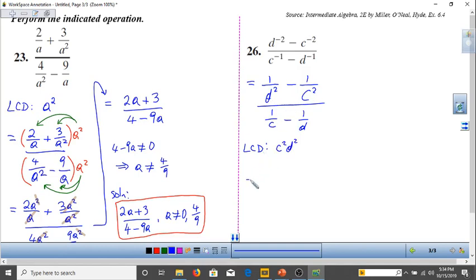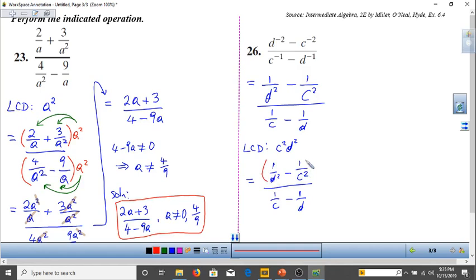So when we are now going to do the process, we have 1 over d squared minus 1 over c squared divided by 1 over c minus 1 over d. And at this point, you can tell that neither c nor d is allowed to be 0. We'll write that down in a minute.